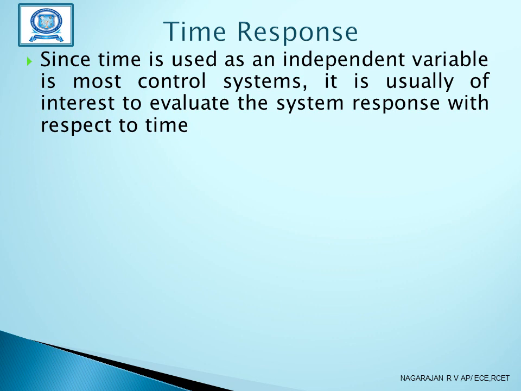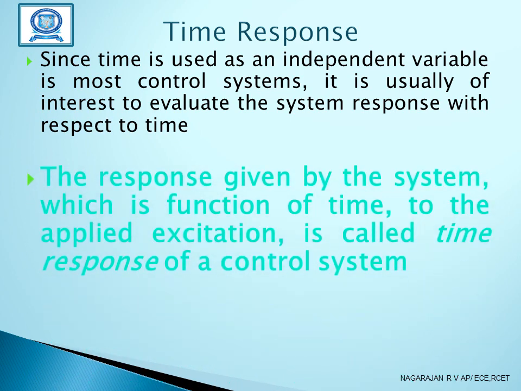It can be represented as C of t. The response given by the system, which is a function of time, to the applied excitation is called the time response of the control system.